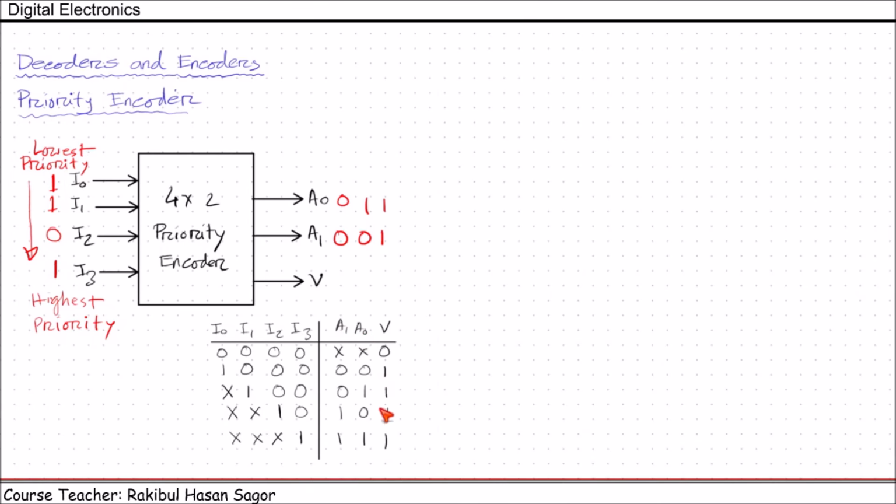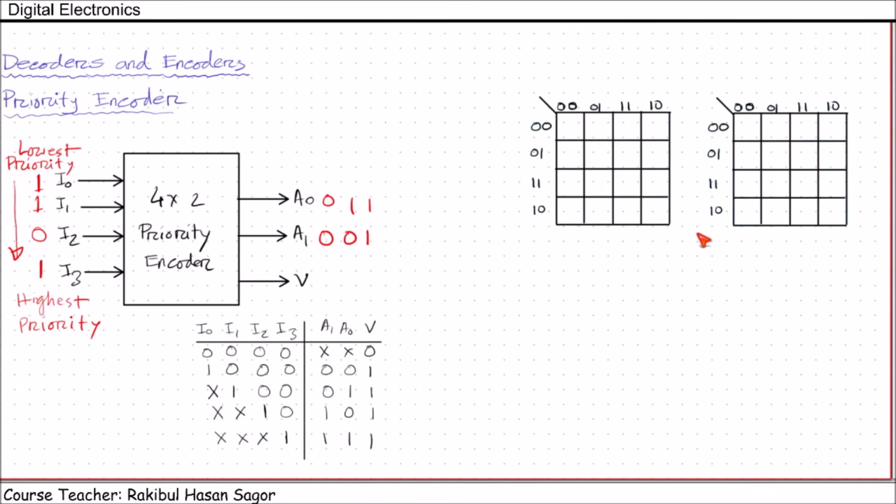For the output V, it is obvious: it is I0 or I1 or I2 or I3. Here we have I0, I1, I2, I3. This Karnaugh map is for A1 and this is for A0.